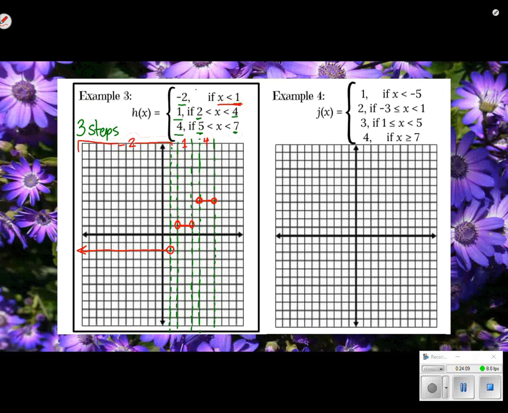All right, so let's look at example 4. How many steps are there? There are 4 steps, okay? I want you to pause the video and see if you can draw in the highlighter lines. It might be one of those things where you don't feel 100% sure about committing to it, so I'm just making this up.